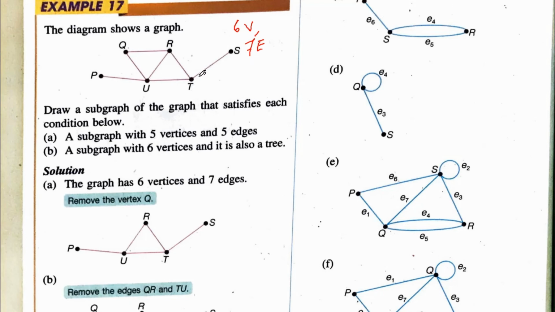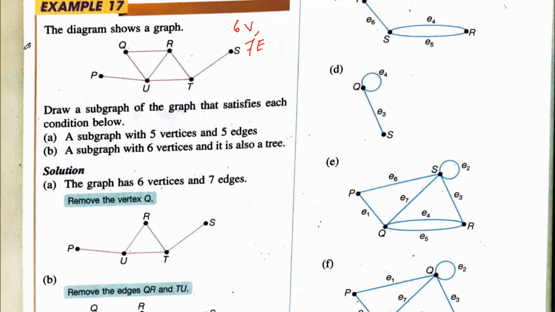So which vertex should we remove? Let's say if I remove this P, I can only remove 1 edge. Then this will become 5 vertices and 6 edges. So we cannot remove P. Okay, I repeat.